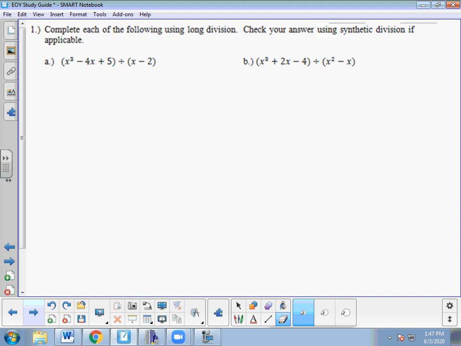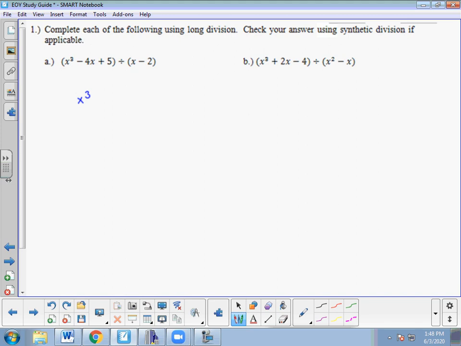Remember some terms. The number that we are dividing by, or the polynomial in this case, x minus 2, is called the divisor. The number that we are dividing is called the dividend. So when we complete long division, we want to put the entire dividend underneath the division symbol.